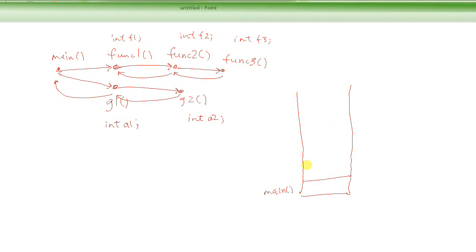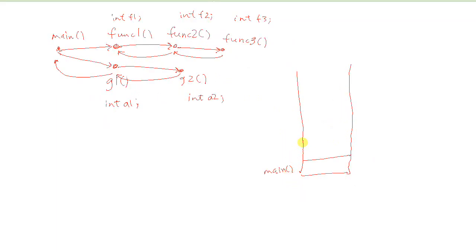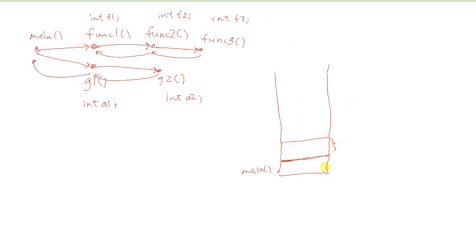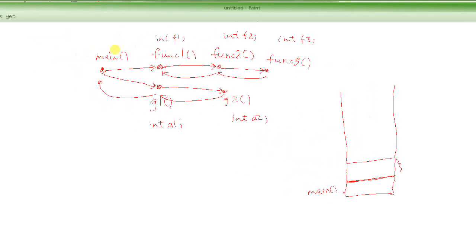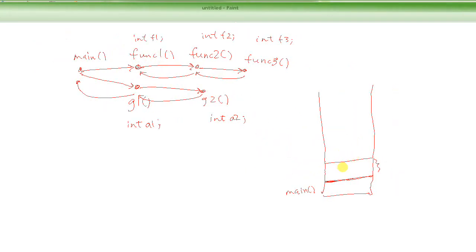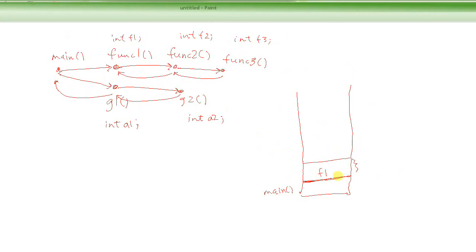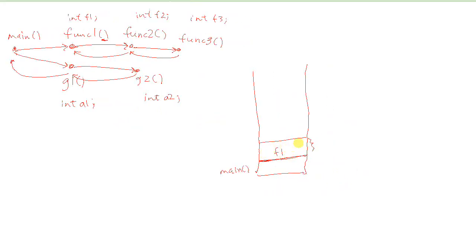Now when main calls func1, a piece of the stack right after where main ends is allocated for this function func1, and inside it we will have one variable called f1. This memory will be enough to hold f1, plus any parameters that this function might have, so we will allocate space for that also.